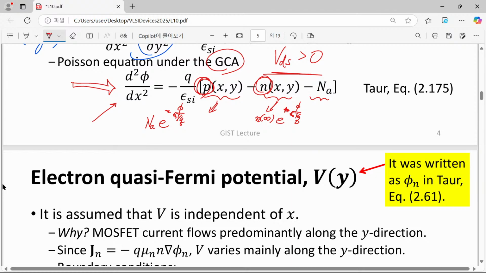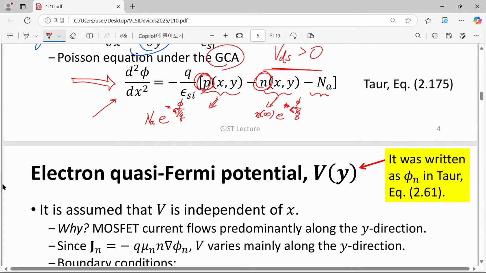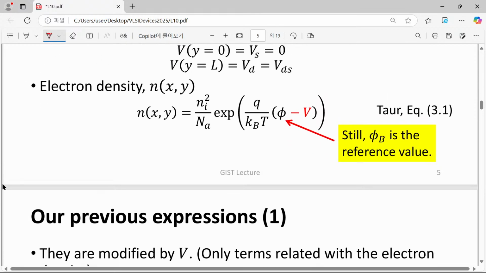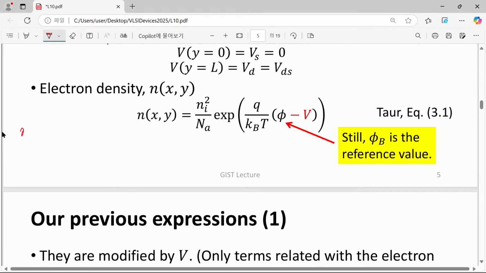But when you have a look at this expression, we must understand this one. Electron density, please just review what we did. Electron density is actually written as, if I adopt phi in our conventional notation, not Professor Tower's notation, the intrinsic carrier density times exponential of phi minus what?